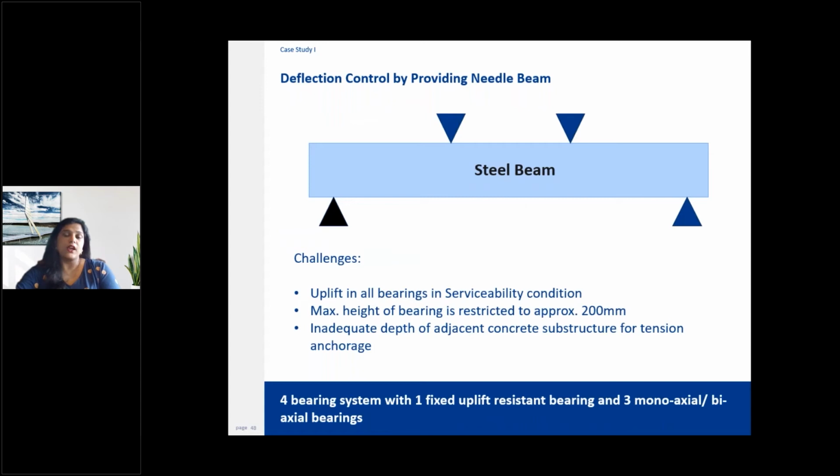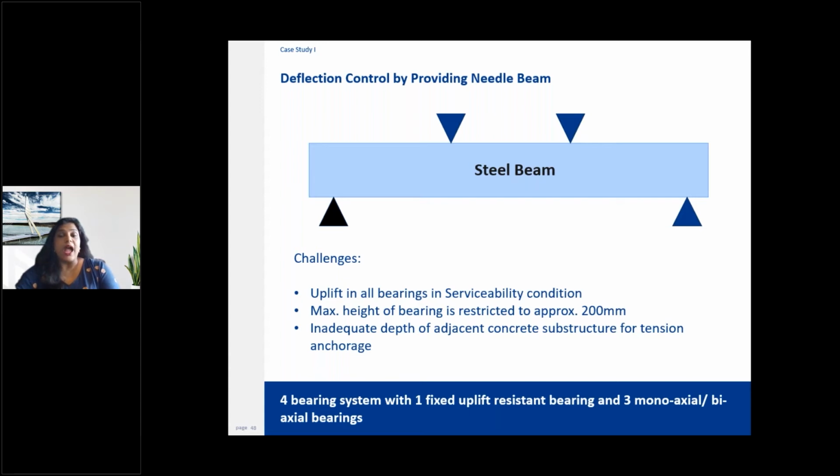In this slide, we can see that there is a schematic representation of the 4 bearing system. In this system, all the bearings resist uplift in service conditions, right? The uplift restraint bearings come with a hold down arrangement, which invariably increases the height of the bearings, and often we run the risk of not being able to fit these bearings within that restricted space.